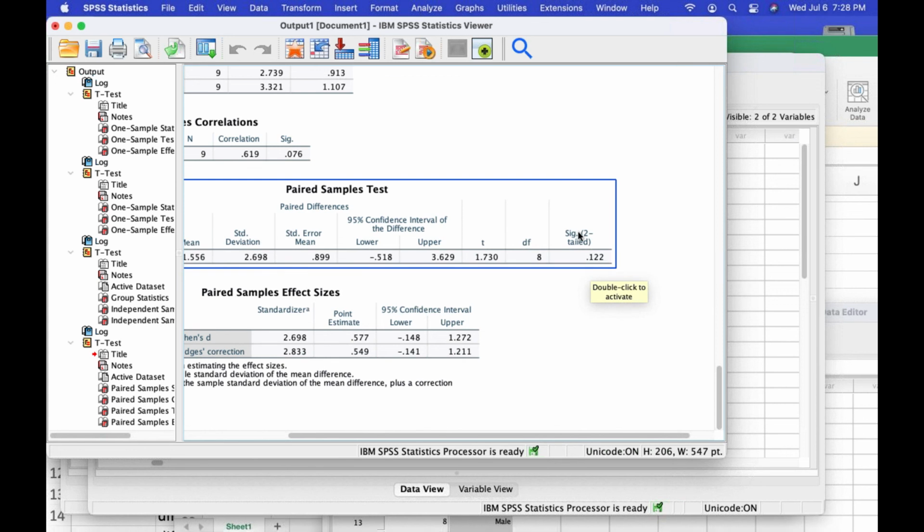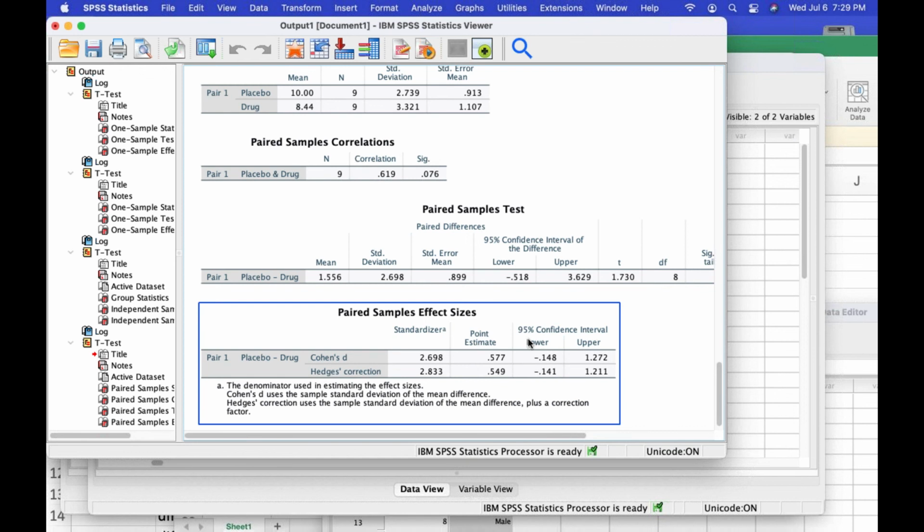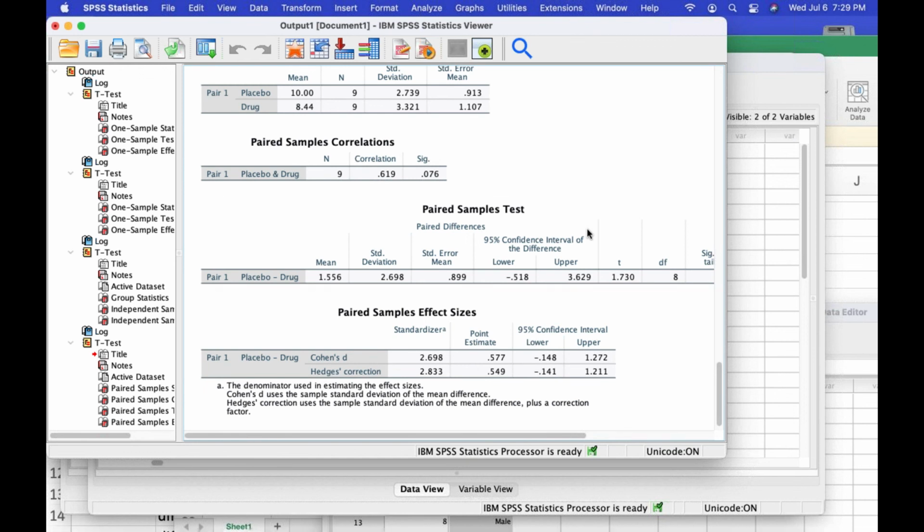So since this is not less than 0.05, and since this is not less than the critical value of t that I need to exceed for 8 degrees of freedom, I fail to reject the null hypothesis. I haven't proved that the placebo works to reduce blood pressure more than the drug does. The drug doesn't reduce blood pressure more than the placebo does. Keep doing this stuff, and it gets pretty confusing.